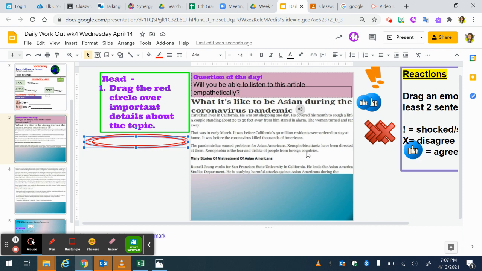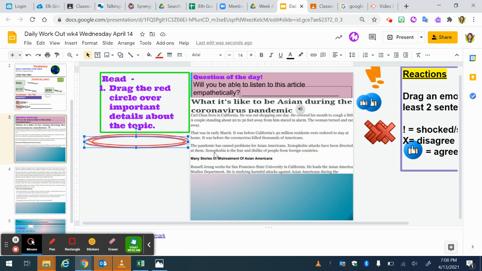So I read a really specific example here about Charles and how people were running away from him because he was covering his mouth. But it also said that this was before COVID. So it's already showing how people are acting racist, but before COVID. So I don't know yet that I want to drag a red circle over that gives me an important detail.